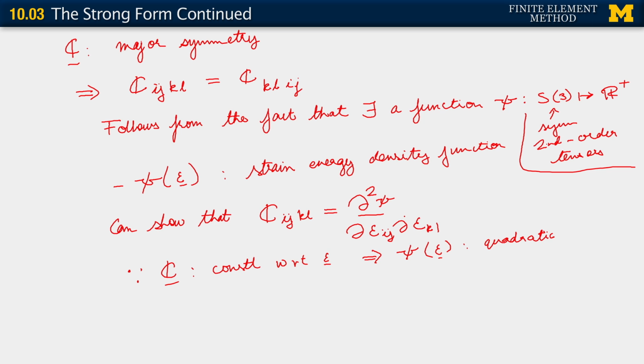Because C_ijkl has that relation to the second derivative of psi, it follows that C_ijkl, which is equal to the second derivative of psi with respect to epsilon_ij and epsilon_kl, is also the second derivative of psi with respect to epsilon_kl and epsilon_ij.